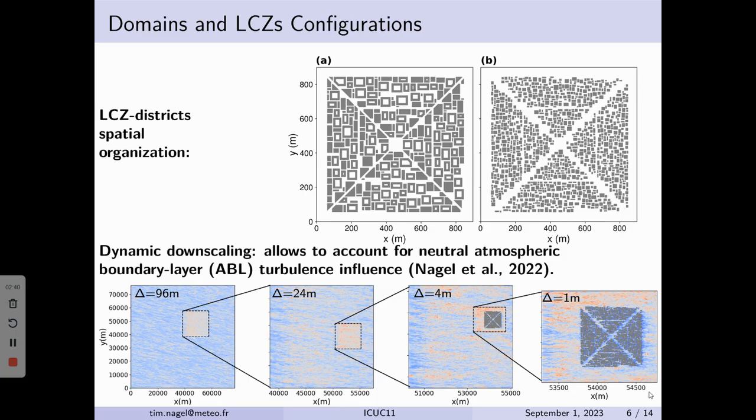So we have a domain at 96-meter resolution with cyclical boundary conditions, so it's actually infinite. It resolves the largest eddies of the boundary layer, and then there's a dynamical downscaling to 1-meter resolution. In a previous study, we verified that the turbulence cascade is well downscaled. In the 1-meter domain, the buildings are then resolved using the immersed boundary method.